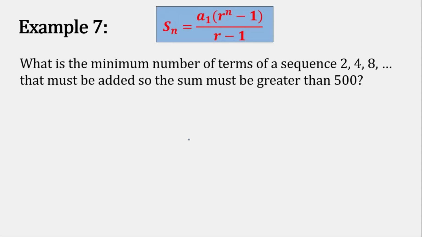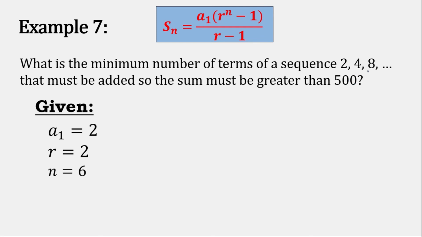Now, if we could write our given, we could say that our a sub 1 is 2. The common ratio is 2. 4 divided by 2 is 2. 8 divided by 4 is 2. And n, we don't have the value of n yet. So the value of n is unknown.